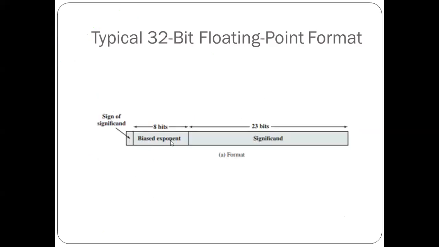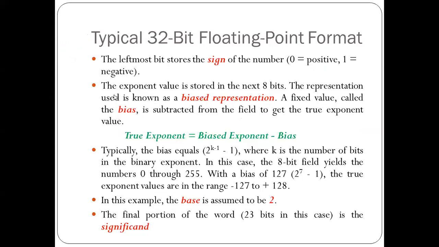See, biased exponent. What is biasing? I will tell you. The exponent value is stored in the next 8 bits, and this is under biased representation. The true exponent plus the bias value gives us the biased exponent.